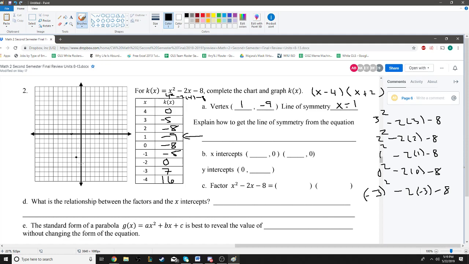And 0, -6... 0, -8. And 1, -9. And 2, -8. 3, -5. And then we got 4, 0. Then we got -3, 7. And it's going to go off our grid. So it looks a little like this.